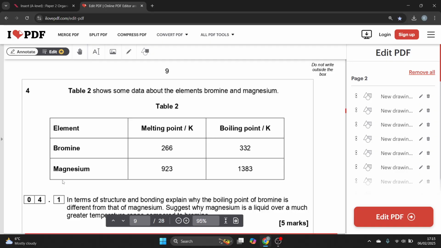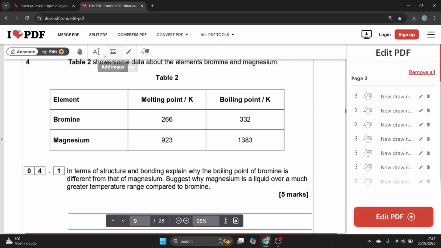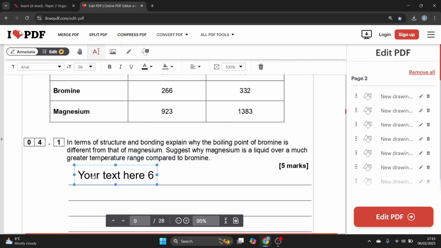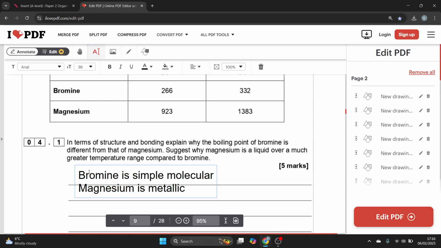First thing I would say is magnesium and bromine. Well, magnesium is metallic, bromine is simple molecular. So that's the first thing I'm going to say. Bromine is simple molecular. Magnesium is metallic. That's literally all I'm going to say.